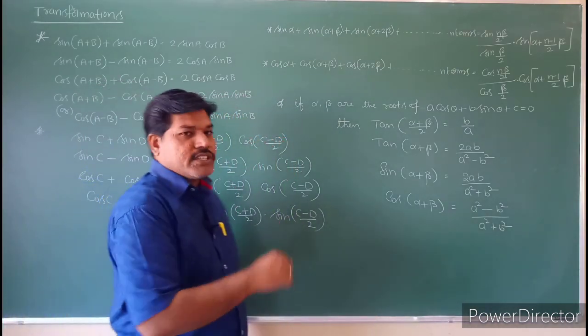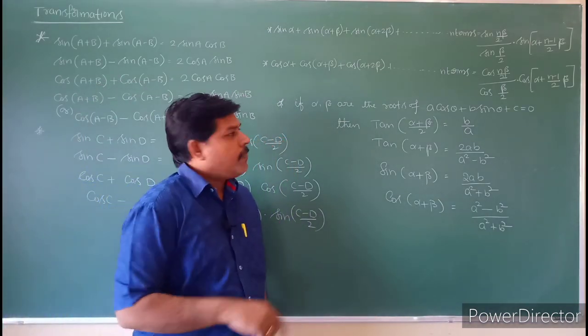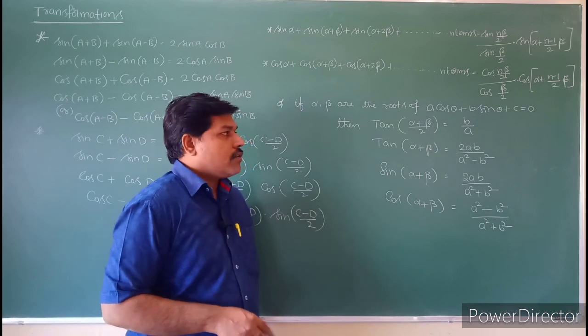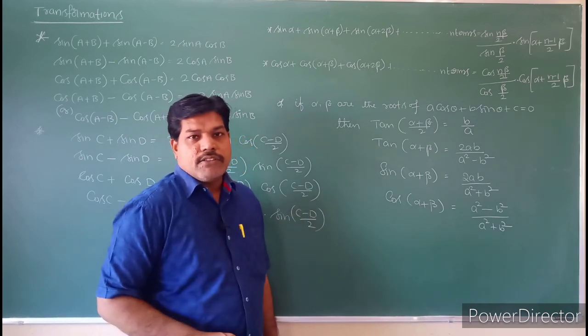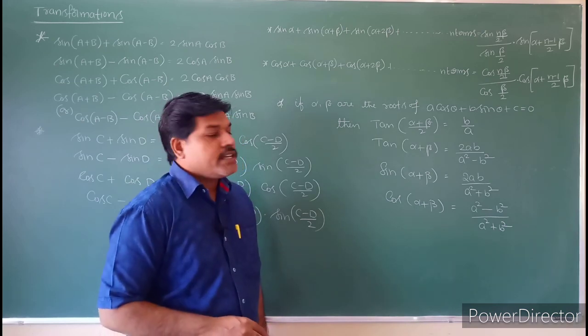We already proved this in the previous chapter. Okay. So if alpha, beta are the roots of a cos theta plus b sin theta plus c is equal to 0, then you will get these values. Okay. So see these formulas, students.